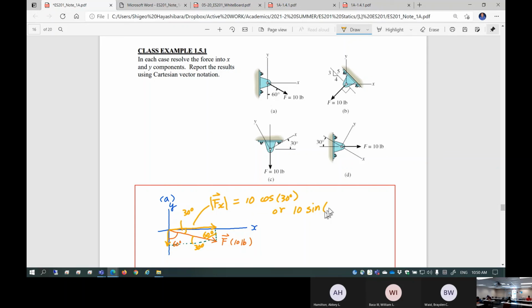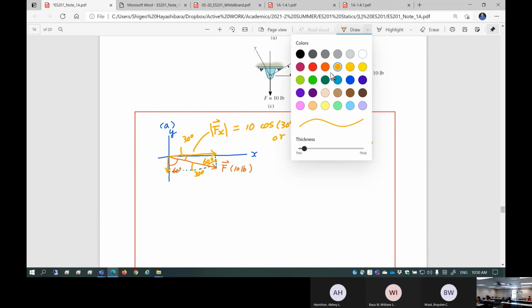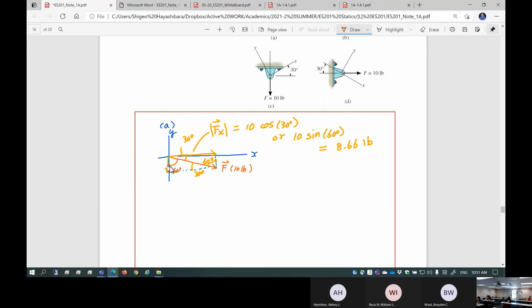Either way is fine, right? It's the same thing. So what's the value? 8.66, that's how you get that. So 8.66 pounds.